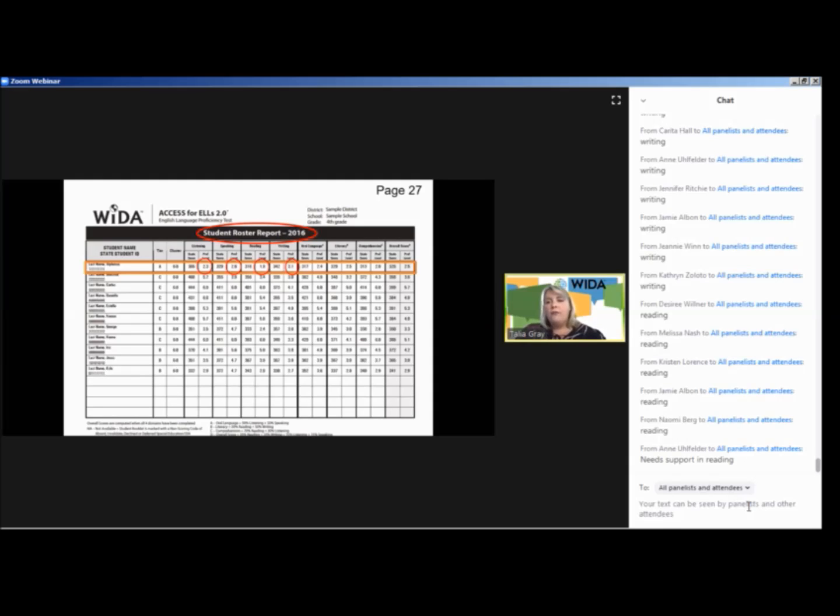So it's important for you when you're creating your groups, it's very important for you to look at these domain scores instead of just that overall proficiency. Now, the overall proficiency is very useful in some situations, but I know that in my own classroom, when I am making groups, I really just make it easy, honestly.